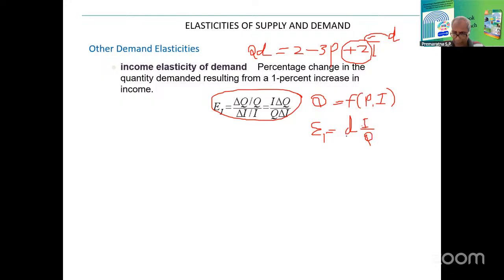So here, the change in quantity demanded divided by the change in income, which means the relevant coefficient.